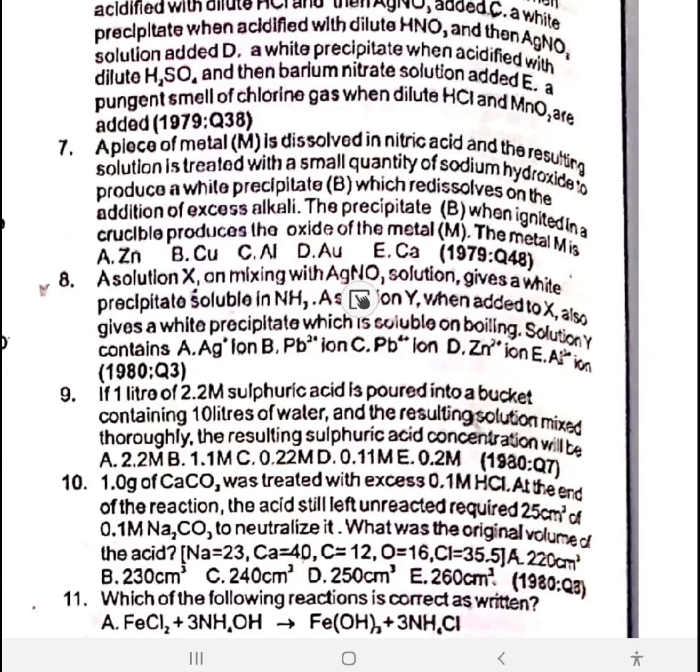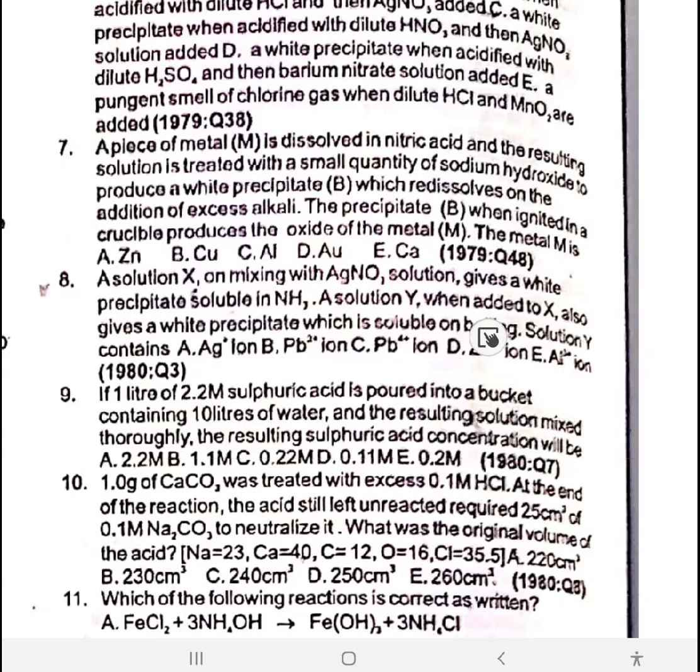A solution X on mixing with silver nitrate solution. Whenever you hear silver nitrate, make your mind go to chloride. The solution gives a white precipitate soluble in ammonia. A solution Y when added to X also gives a white precipitate which is soluble on boiling.